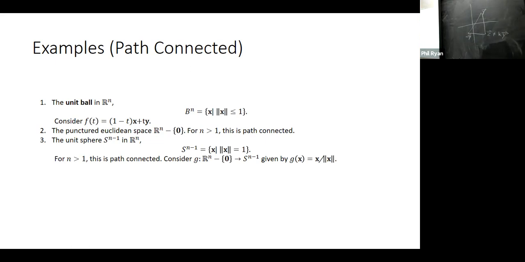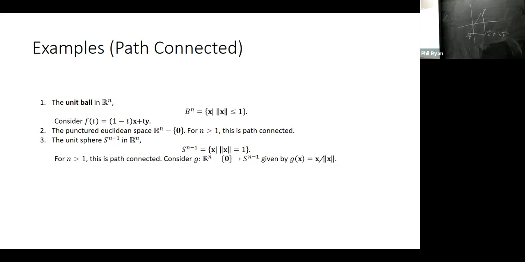Here's another one. The unit sphere in Rn. I don't know if we've defined it yet, but S^(n-1) lives in Rn as just the points of norm 1.